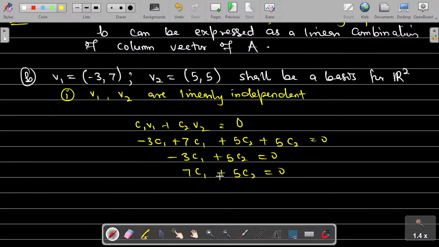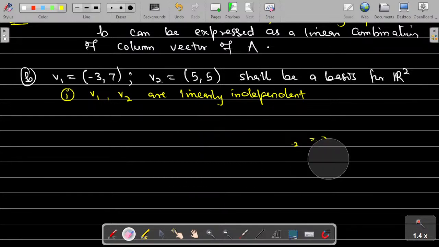If we perform a row reduction on this and we get c1 and c2 to be anything outside zeros, then they are linearly dependent. But if we get the two of them as 0, then they are linearly independent.